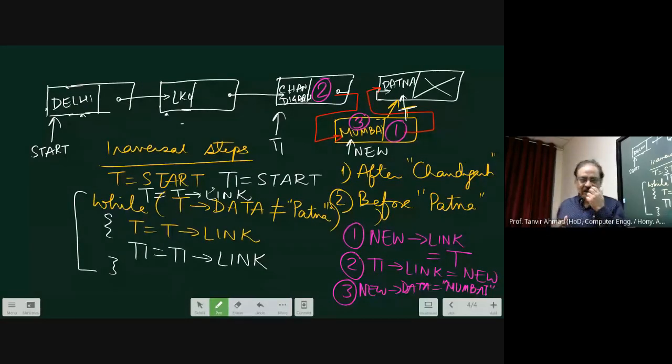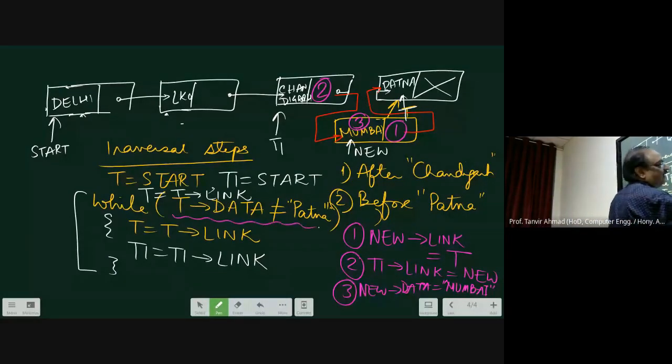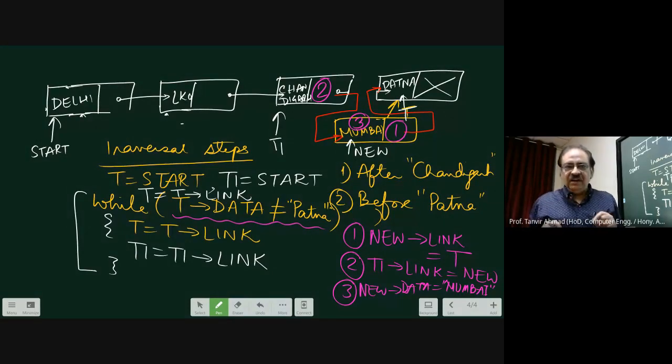Now, what somebody asked, that string compare, correct. If you are going to do this, in C, it will be nothing but a string compare. You write string compare T of data, comma Patna is equal to 0. Now, how this line will translate into C? Now, for this one, you are going to do this one.